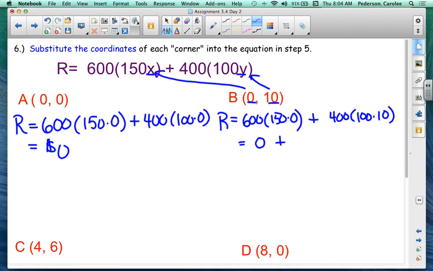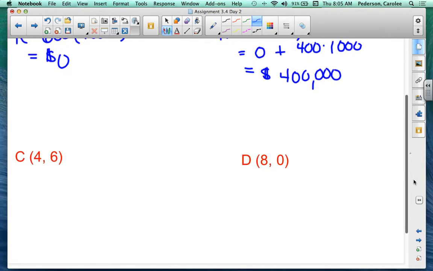And then we have 400 times 1,000. And then you'll get your value here. So 400 times 1,000 will give you a revenue of $400,000. Now we'll head down to the next 2 scenarios.